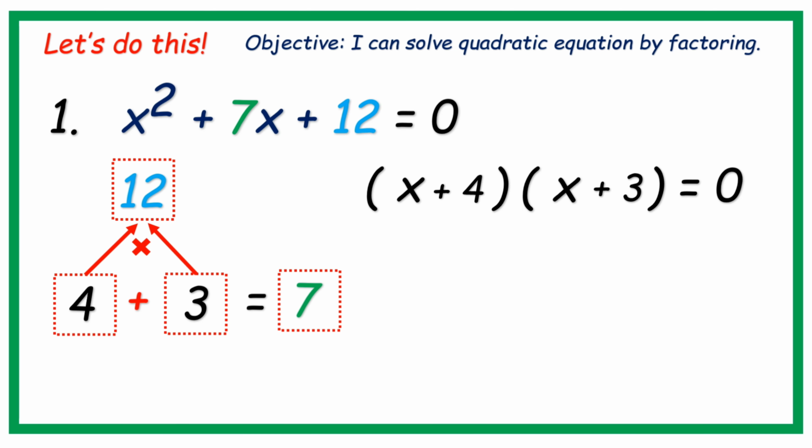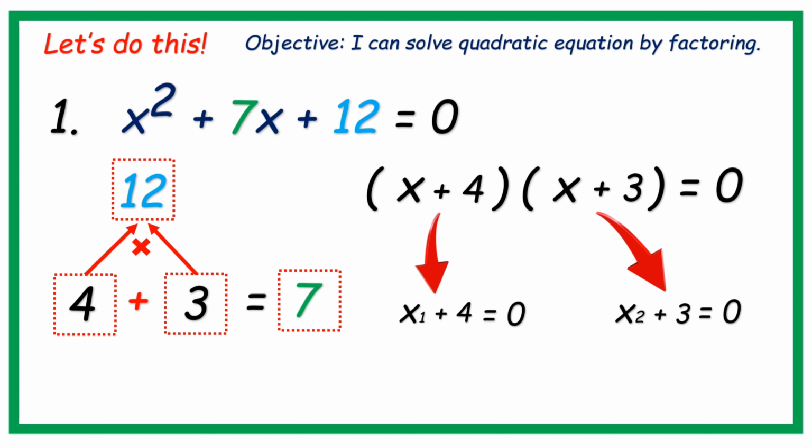We're not yet done. We're going to separate the two. We have the x1 and the x2. x1 plus 4 equals 0, and the other one, x sub 2 plus 3 equals 0.